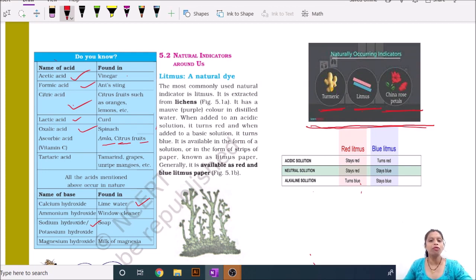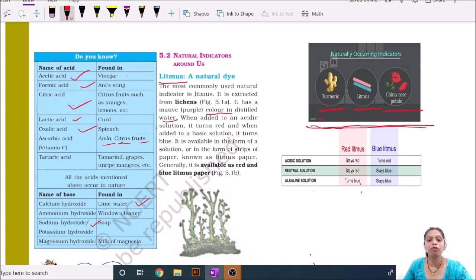Now we are going to discuss different types of indicator. They give information about the character of substances, whether it is acidic or basic. The first indicator is litmus. Litmus is extracted from lichens, and it gives a purple color in distilled water.